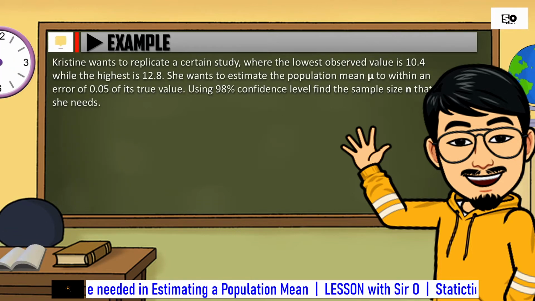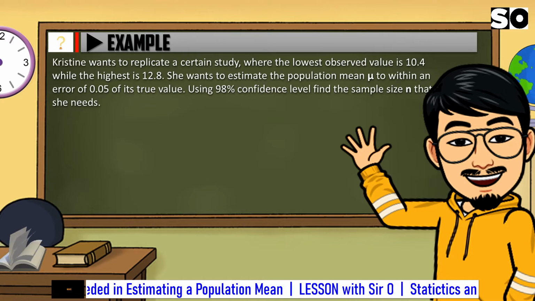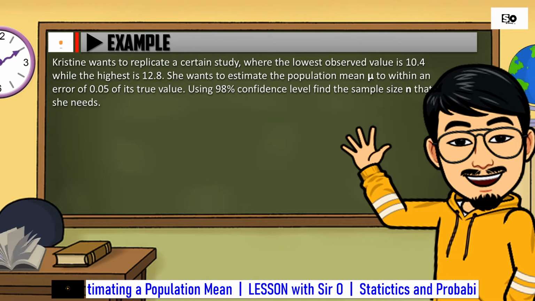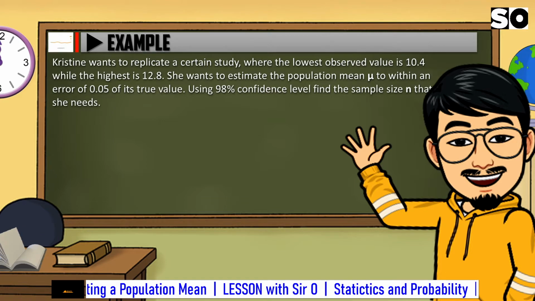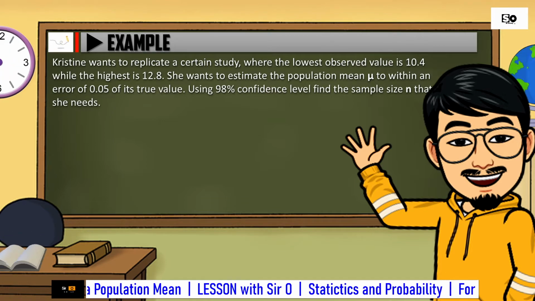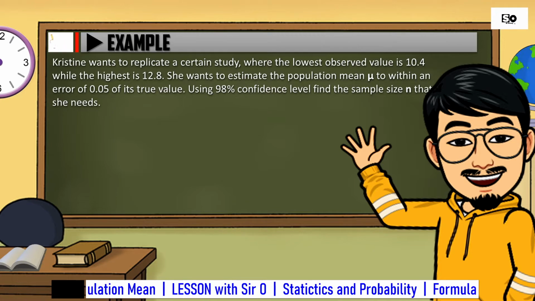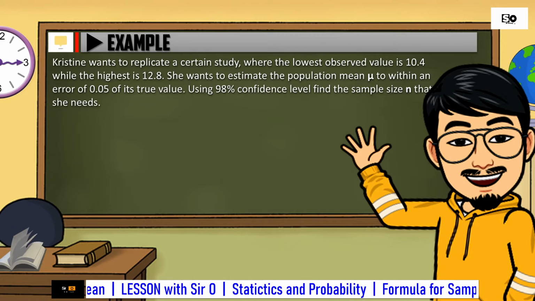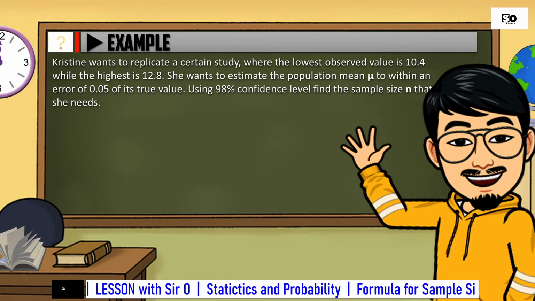Example number 2. Christine wants to replicate a certain study where the lowest observed value is 10.4 and the highest is 12.8. She wants to estimate the population mean to within an error of 0.05 of its true value.